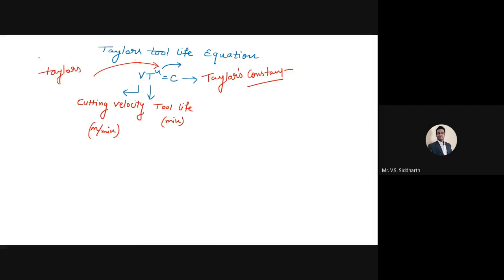Taylor's exponent. Very good. So we will try to solve some simple problems based on this, so that generally questions are asked in the end exam from this.